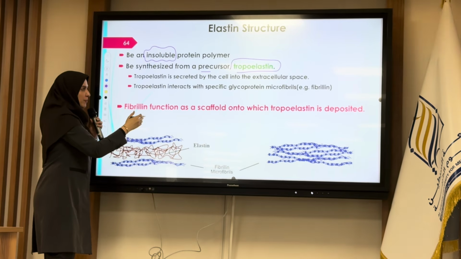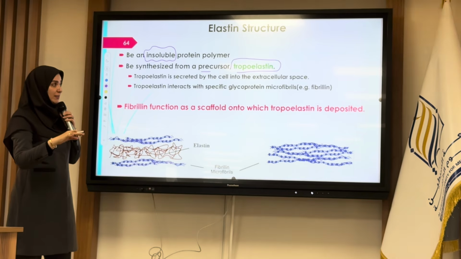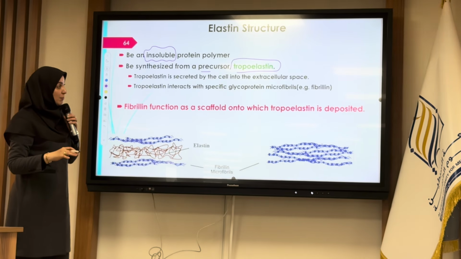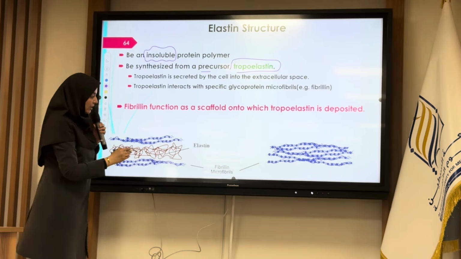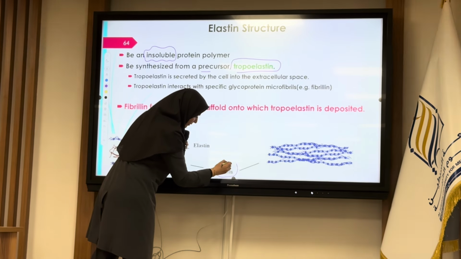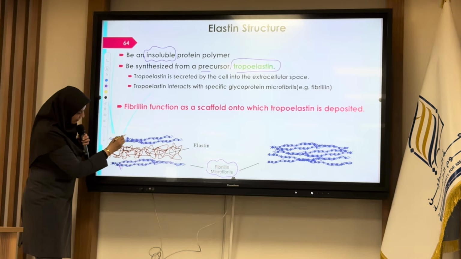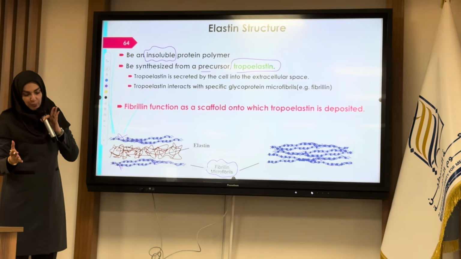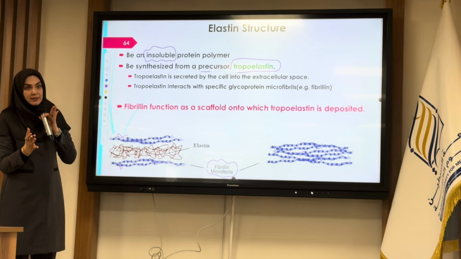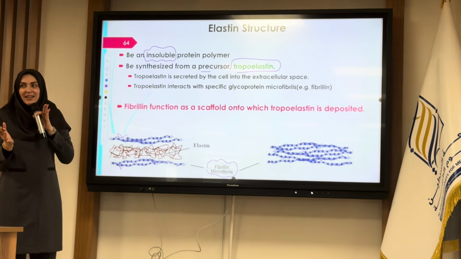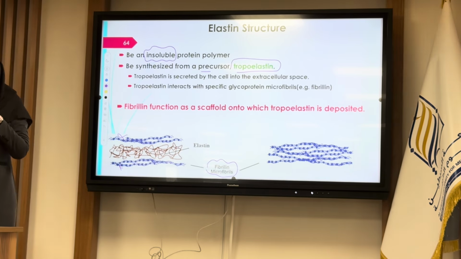In some parts of the body, in the extracellular space, we have this protein. But I want to direct your attention to the fibrillin. These are fibrillin. They protect the structure of the elastin. They act as a scaffold.